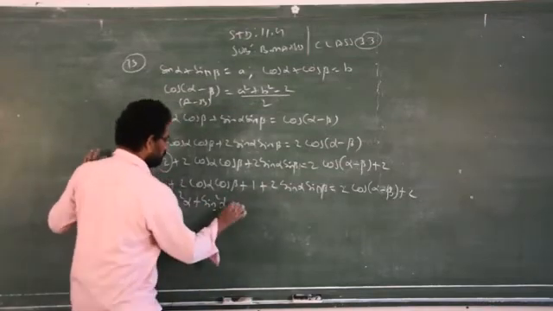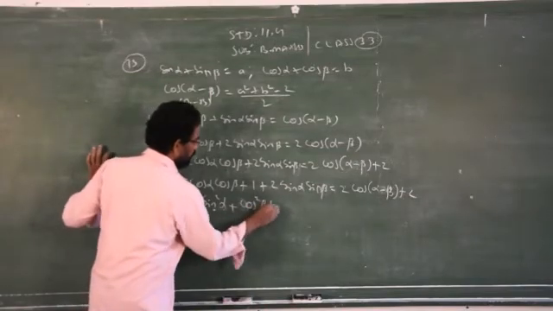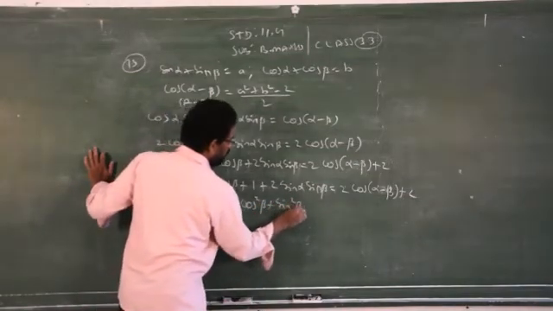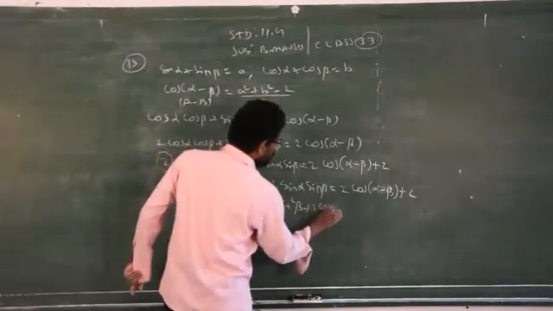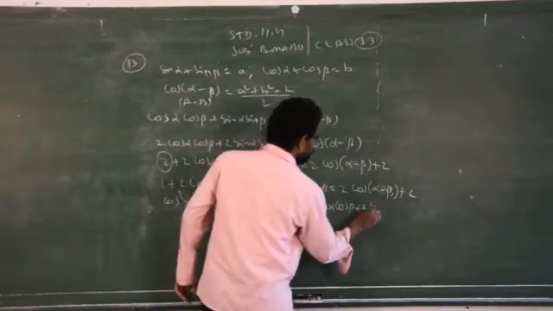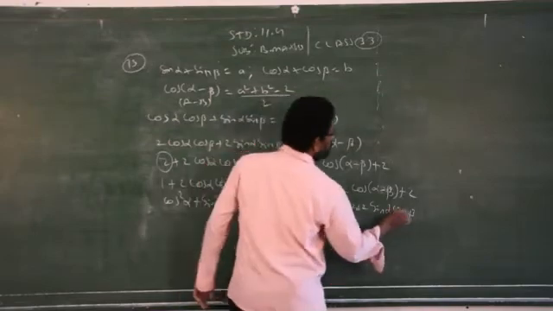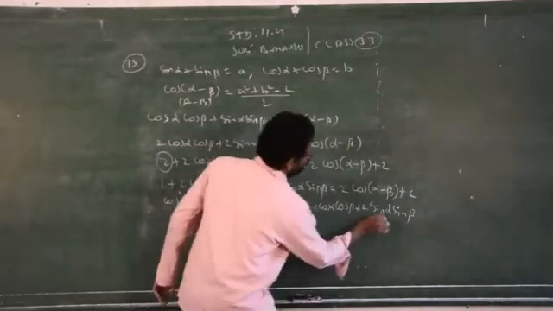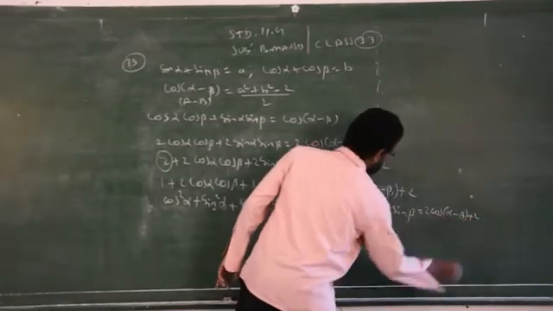This one also, cos square beta plus sin square beta, plus you have to write the remaining terms as they are: 2 cos alpha cos beta plus 2 sin alpha sin beta is equal to, which will give you 2 cos beta plus 2.